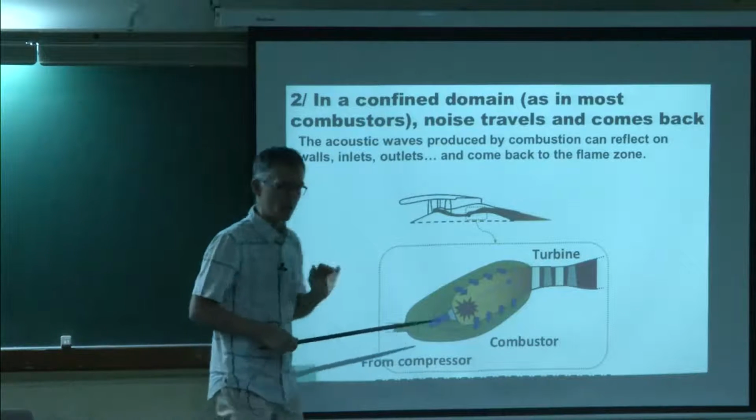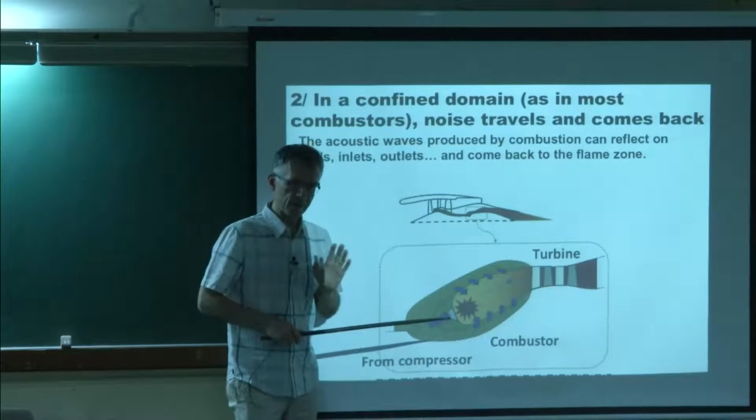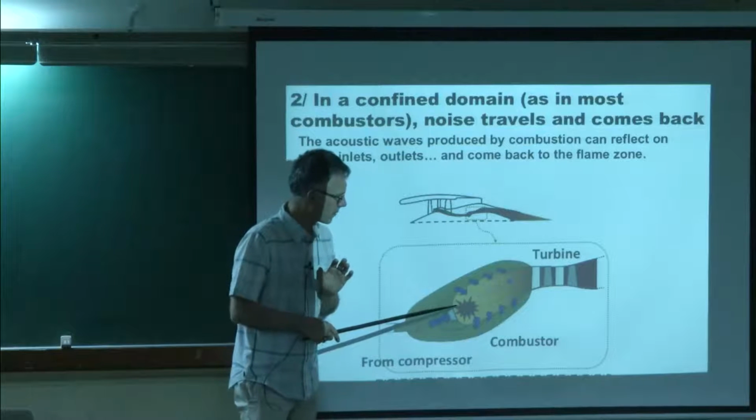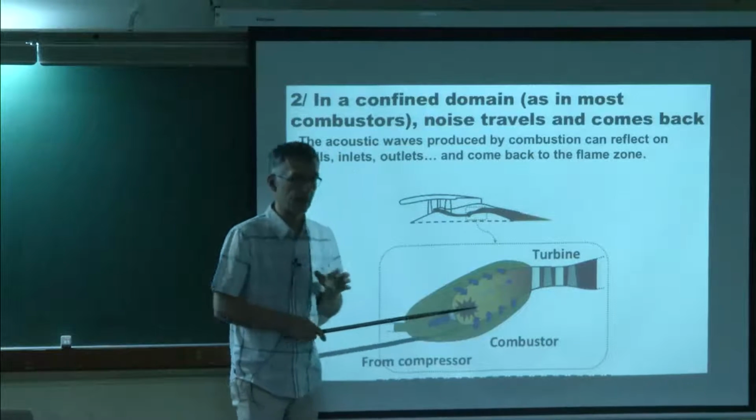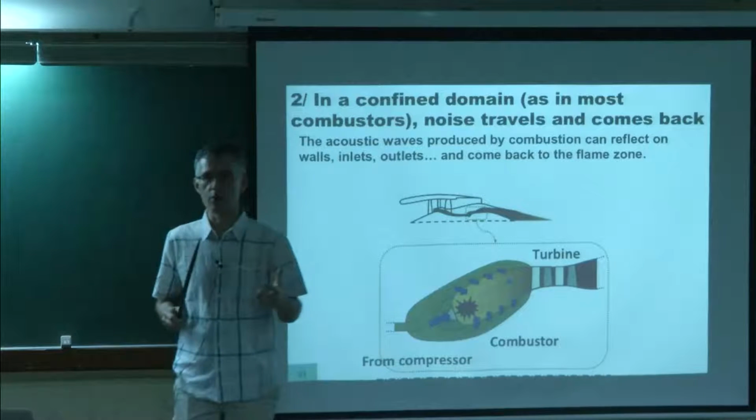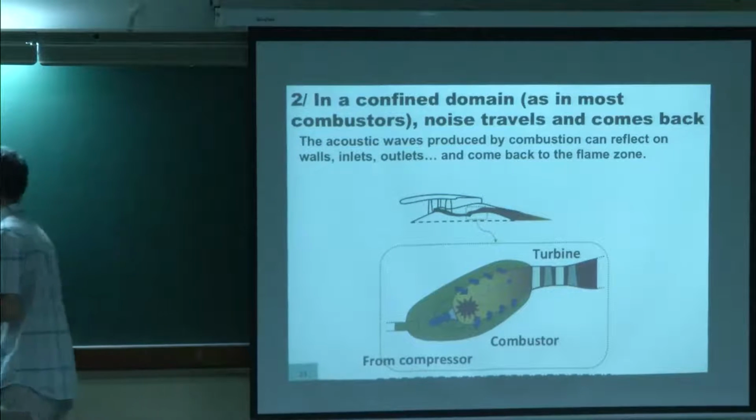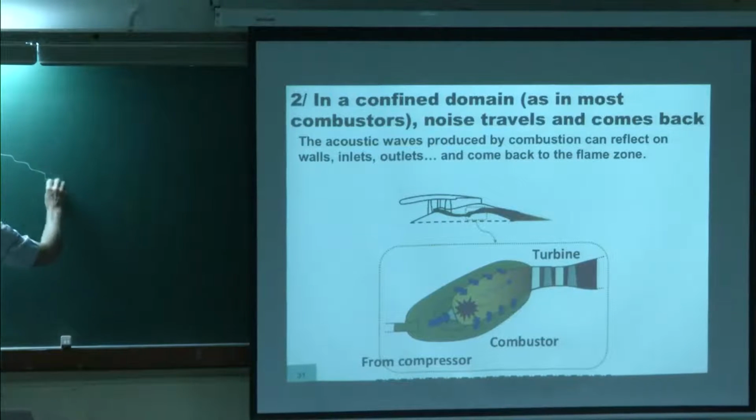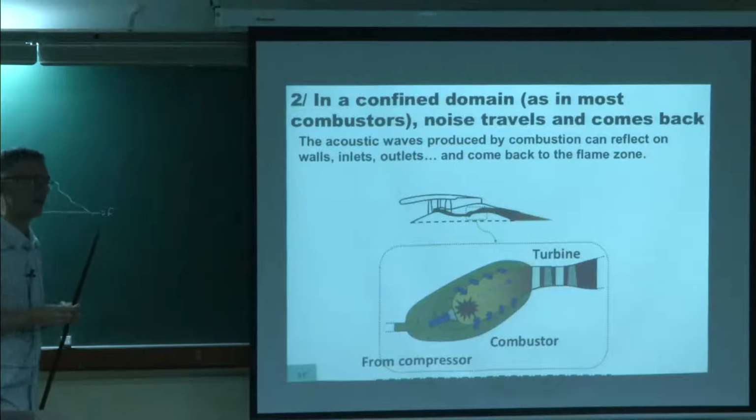So when you start blowing into this can, you will excite the eigenmodes of the can. So you will go from a broadband noise to a place where you should see some small peaks at least, corresponding to the eigenmodes of your system. So the first acoustic mode, the second acoustic mode, etc. They don't have to be big, but they should be there.